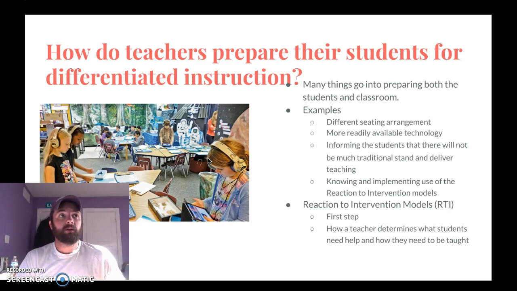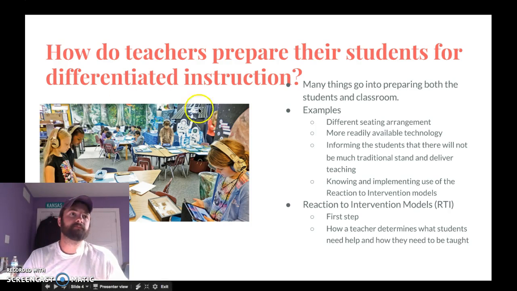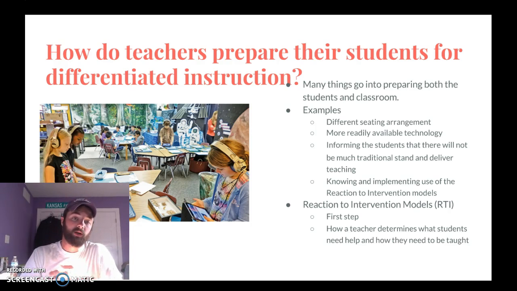So there's four different major models in this model. One would be problem-solving models, and that's basically a school-wide discussion about what the student needs, how we can do it, and where and when it would be implemented.